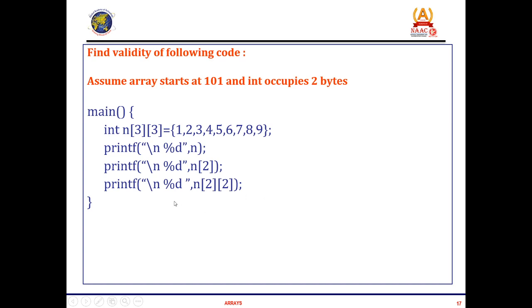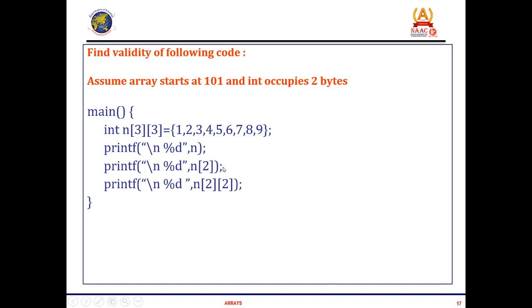Now, at the first instance, when you look at this, the majority of you land up telling the answer within no time. And the answer would be, this will give you a syntax error. Now, if I ask you why, you will end up telling that I am making use of a 2-dimensional array in the declaration part, and somewhere in the printf, the second printf particularly, you are trying to print the single dimension.